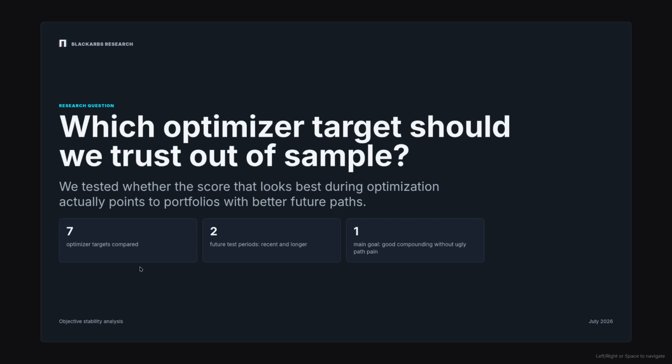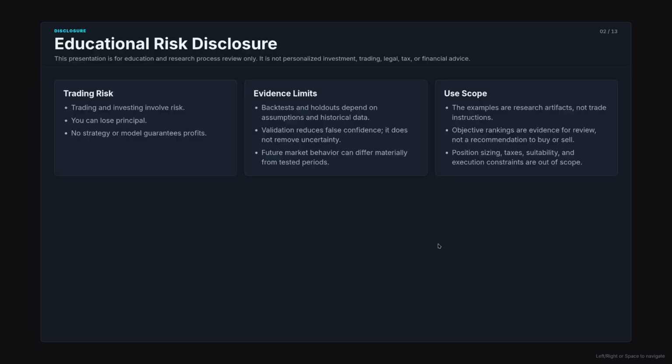So comparing 7 optimizer targets with 2 future test periods with one main goal, right? And this is really the key part, because we want to get a result that compounds with the best path possible, right? And we'll talk a little bit more about that as we continue.